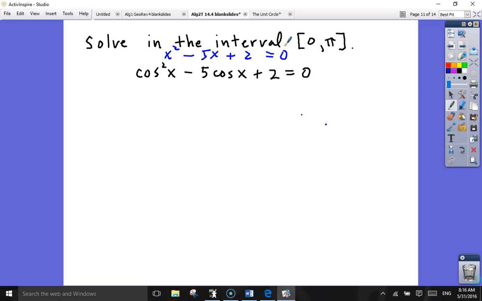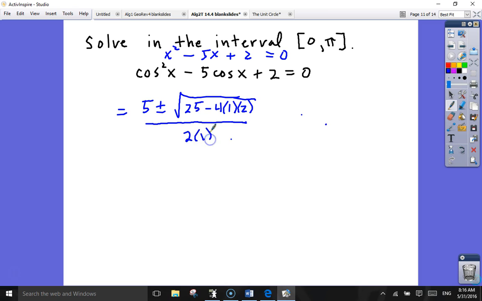So if I went through the whole thing like this, I'll go negative b, positive 5 plus or minus the square root of negative 5 squared, which is 25, minus 4 times 1 times 2, divided by 2 times 1. The quadratic formula looks the same. It's just that it doesn't equal x. That equals the cosine of x.